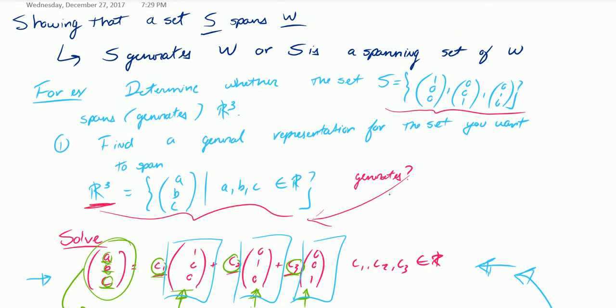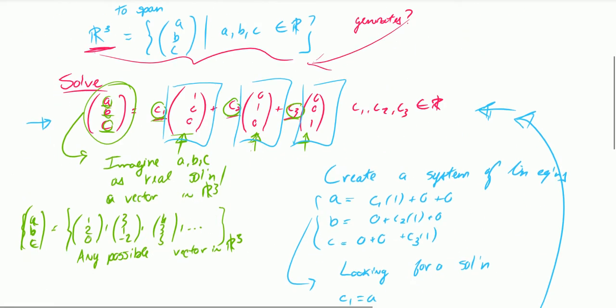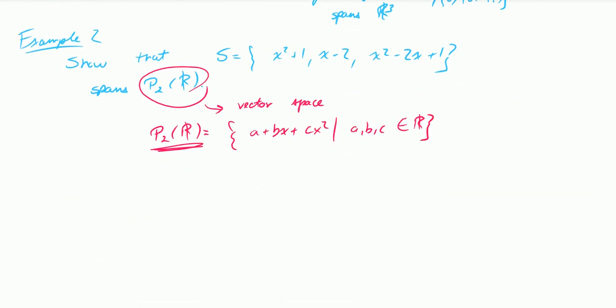R3 is the set of all vectors that look like a, b, c, and P2R is the set of all polynomials that look like a plus bx plus cx squared, where a, b, c can be any real number you want.